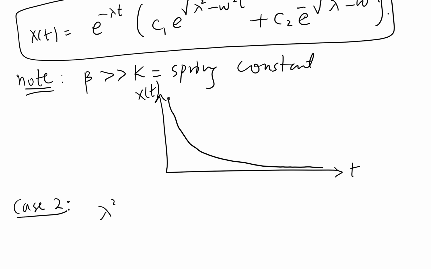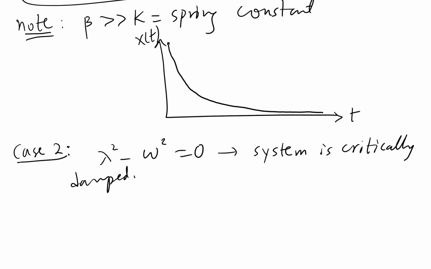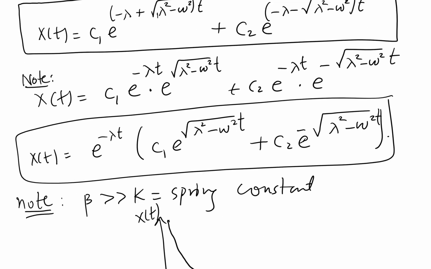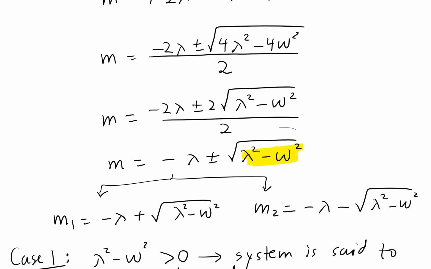Case 2. How about if the quantity inside the radical is 0? In this case, the system is called critically damped. Here we have double roots, like the roots are the same. So m1 equals m2. If you look back at the equation from the quadratic formula, if this is 0, then m will be negative lambda.